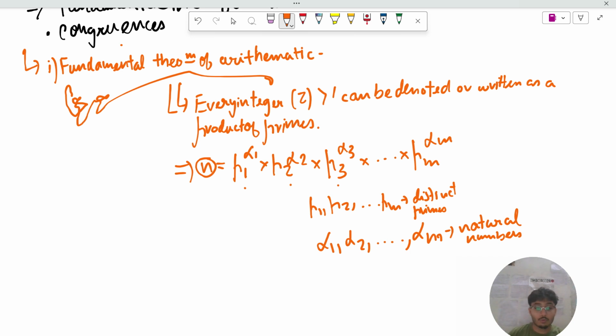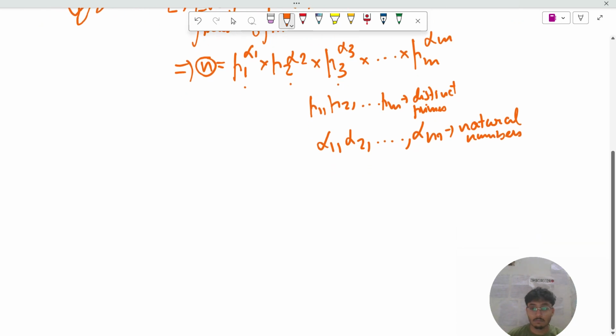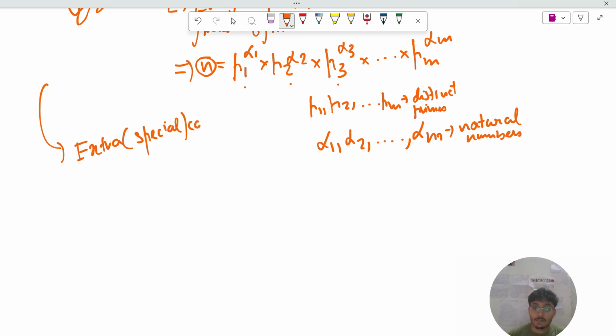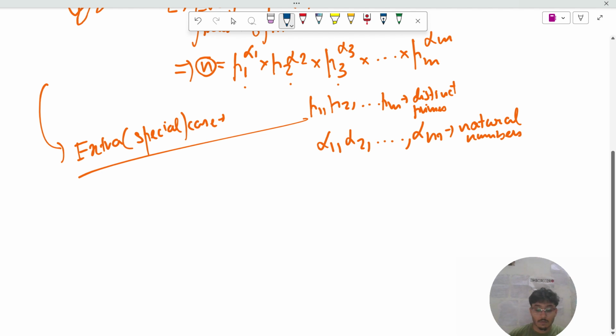Now from here we come to one corollary, or rather a special case, which is the number of positive divisors of a composite number.